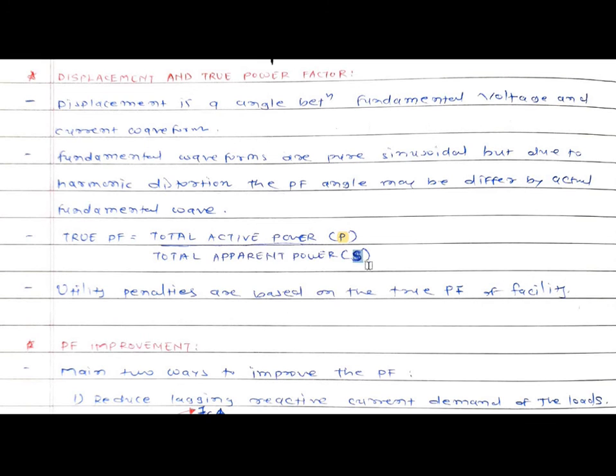True power factor is given by P by S, where P is the total active power and S is the total apparent power. Utility billings are based on the true power factor of the facility.